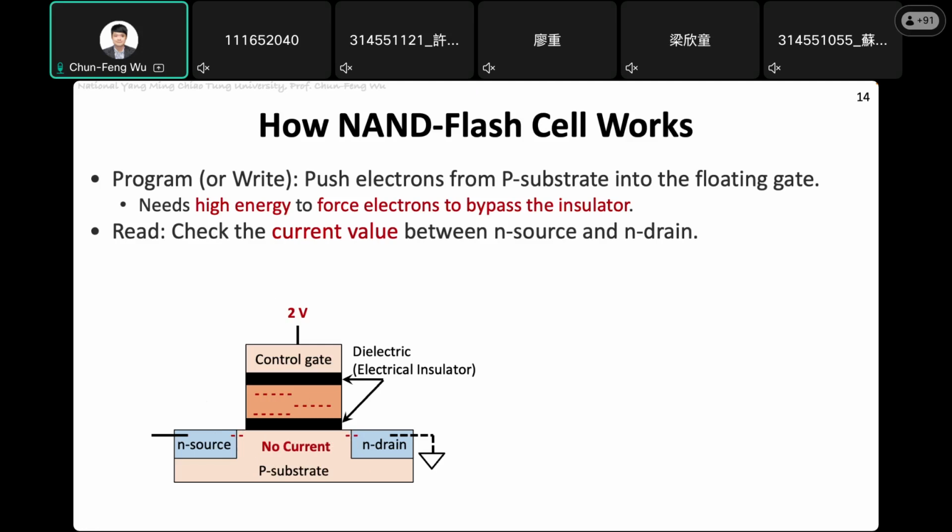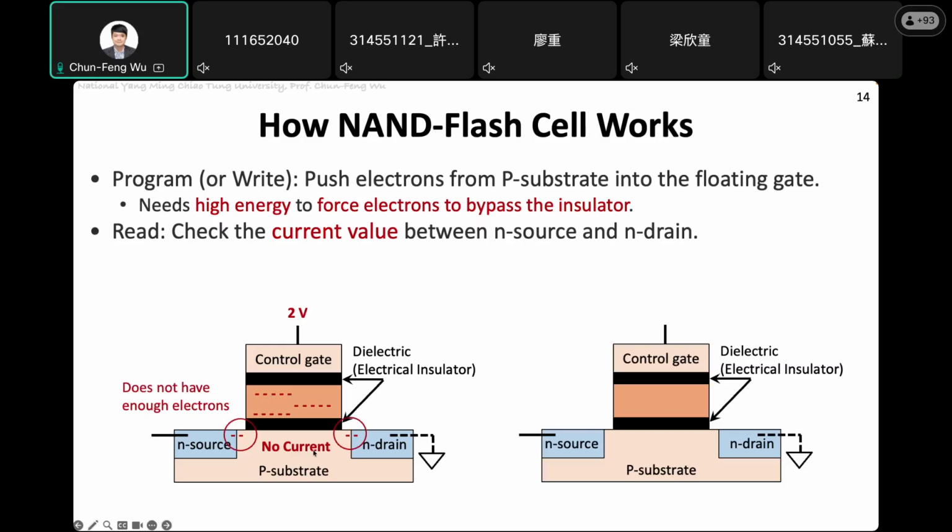If you only have a very small amount of electrons, then they will not generate the current. Because there are too few electrons here, there is no current. Okay, we have another scenario: we use a program, so we move the electrons inside the floating gate, right?